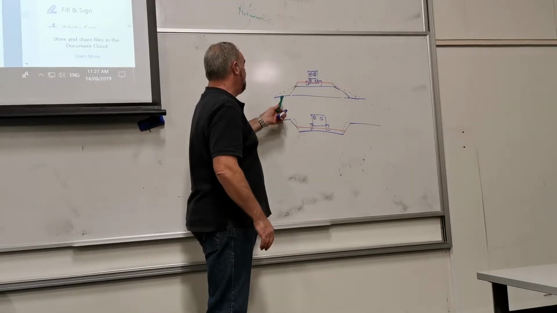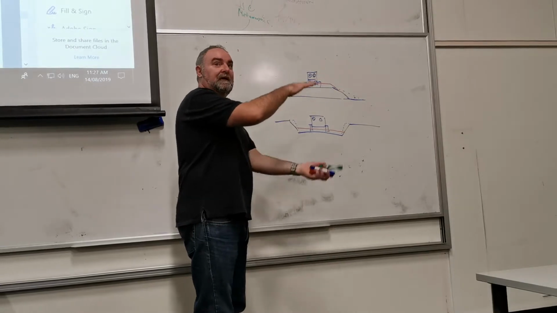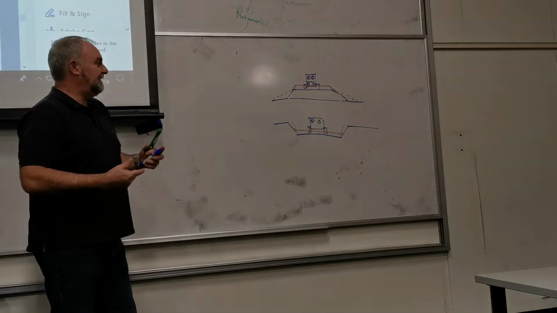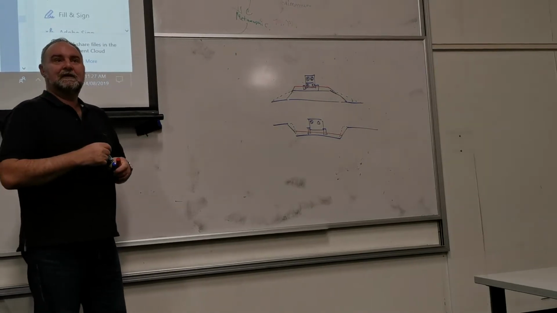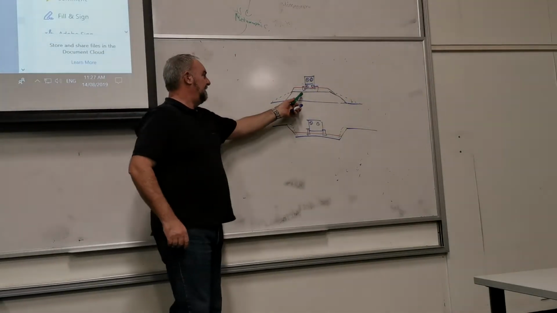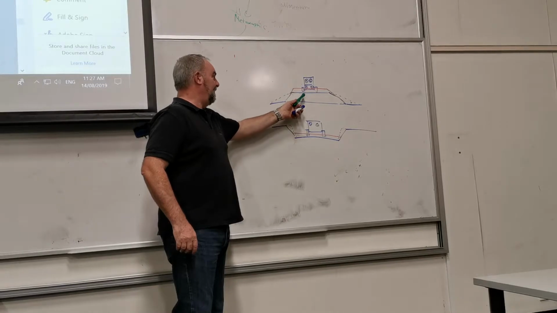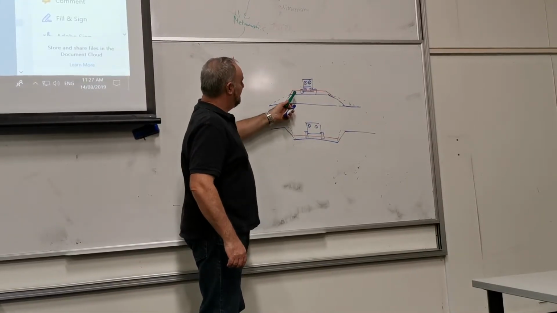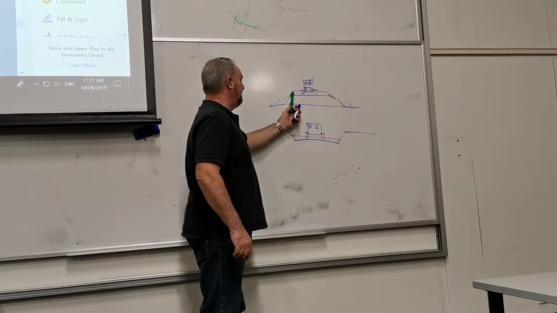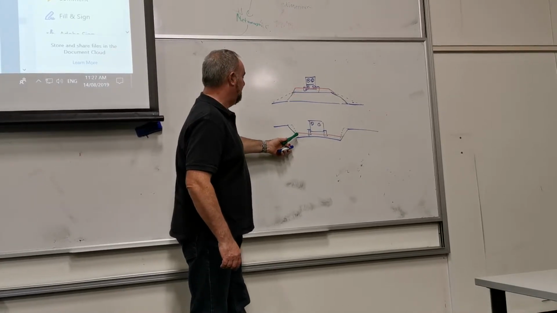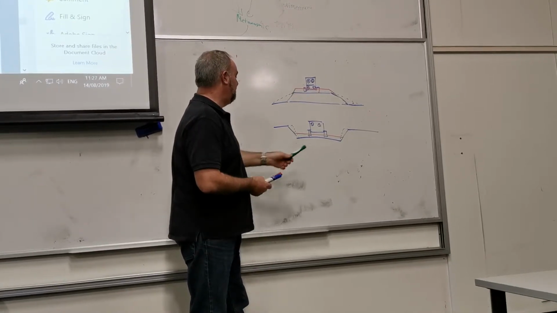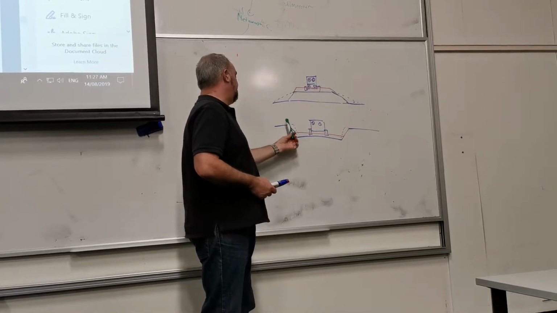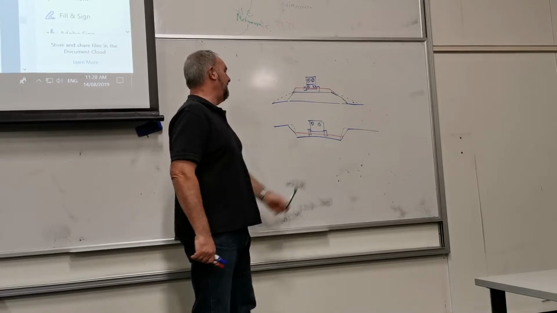We increase it in the fill, we're getting more fill, so therefore the overall balance works out as well. And the opposite can be applied if we want less fill. If we want less fill, we drop the level of the road, or we increase the level of the fill batter. Or if we drop the level of the road, it will mean there's more cut, or we increase the cut batter.